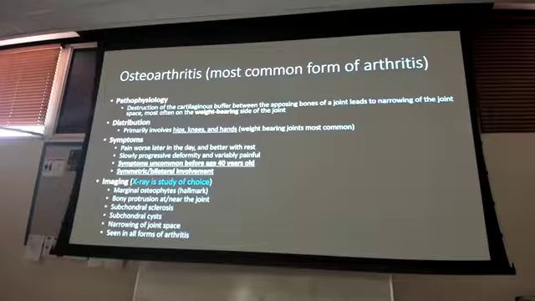Anyways, okay, so what are some key symptoms with osteoarthritis? Pain is worse later in the day and better with rest. That makes sense. I wake up in the morning, I haven't been using it yet, it doesn't really hurt. As I'm using the joint, I start to get the pain throughout the day, but when I rest and stop using it, the pain kind of goes away. Slowly progressive.